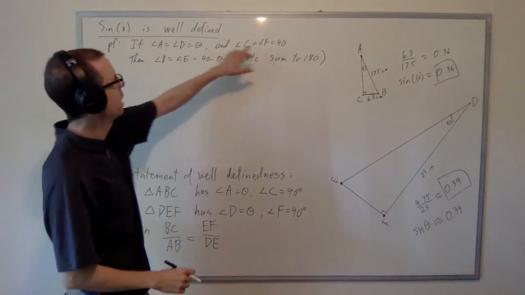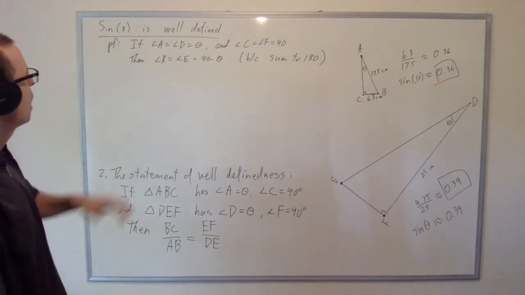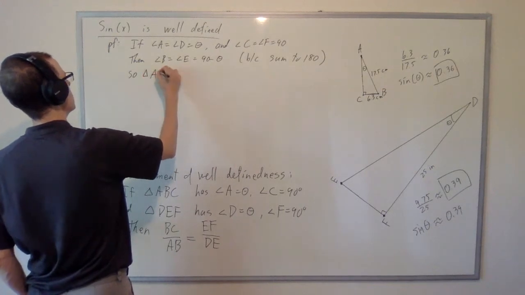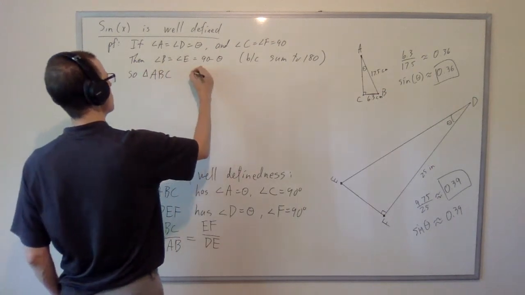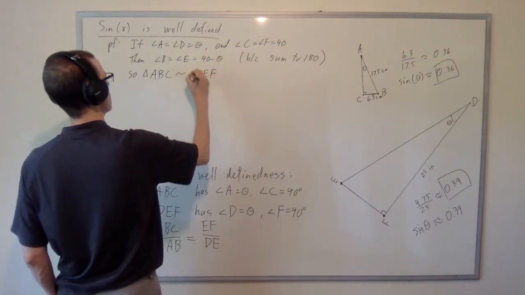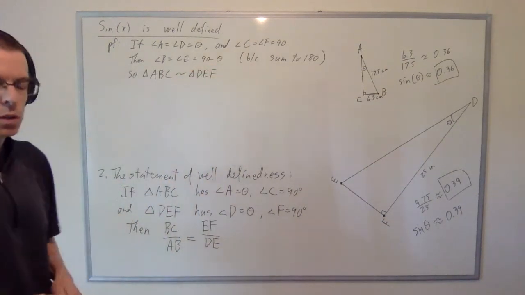And this is the only number that can add to these numbers and yield 180. And so we have triangle ABC is not congruent, but is similar to triangle DEF. So this is a statement of similarity of these triangles.